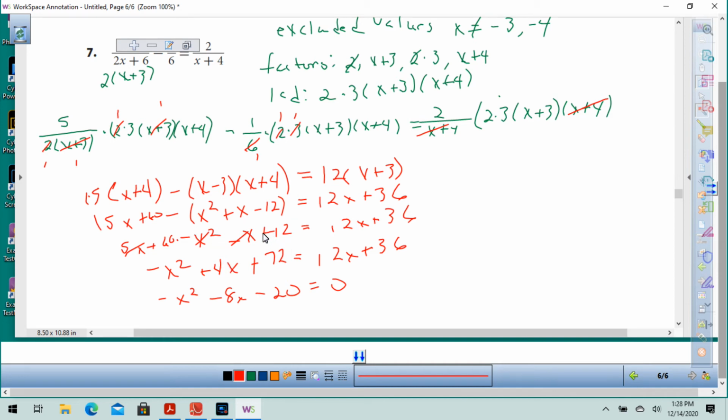No, because that's a negative 12. Because that was x plus 3, that's plus 3. So that's a plus 12, which makes that a negative 12. I got several errors in there. And that gives me 48 plus 48. There we go. And then we subtract 36 from both sides.